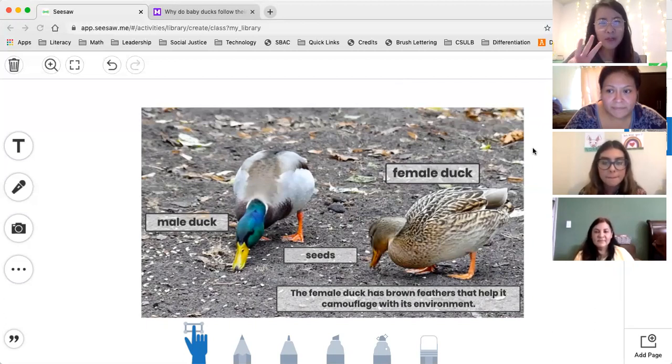I'm going to give you about 3 or 4 pictures to explain using your own prior knowledge and your new knowledge, just like we did. And remember, labels are the ones that have 1 or 2 words to tell us and point to certain parts of the picture. And captions are maybe sentences, 1 or 2 sentences that explain what's going on or an idea that we really want to explain.